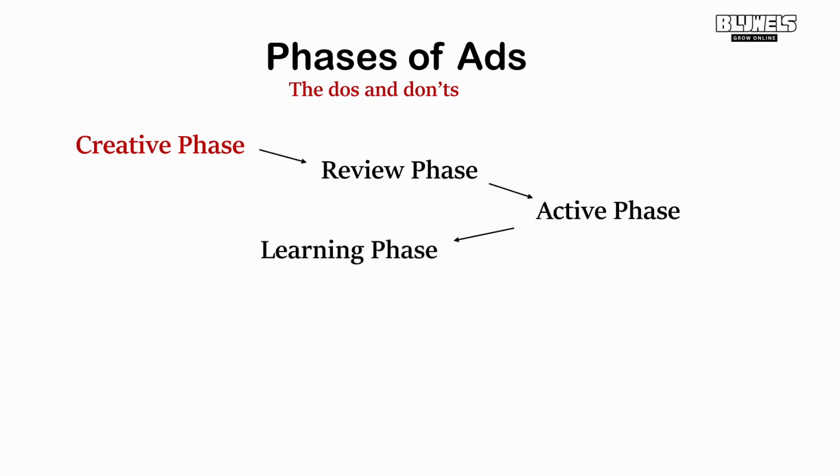Now, after the active phase, your ad goes into what is called the learning phase. The learning phase is the point where the algorithm begins to try to understand who your advert is really meant for. Who are the people that are likely to be your customers, such that when they relate with this particular ad, they can convert. In the learning phase, you may not get the results you are looking for, and it may last between 24 to 48 hours or more, depending on your budget and the saturation of that particular business or your niche.